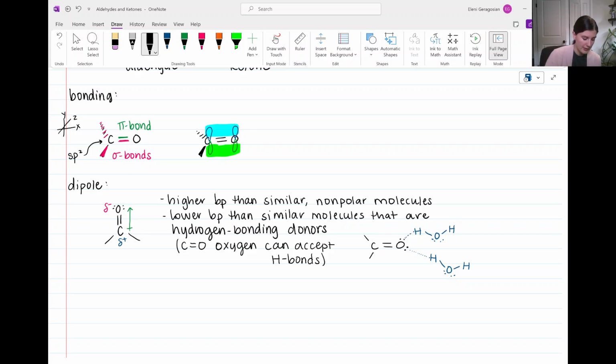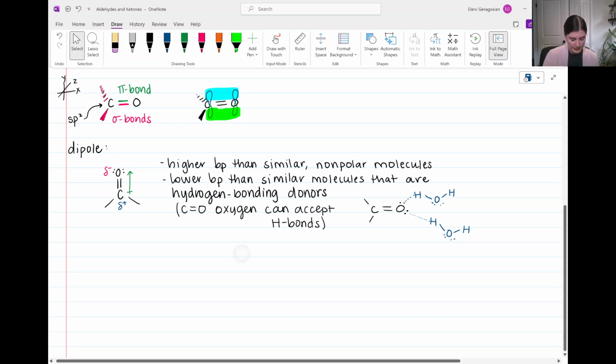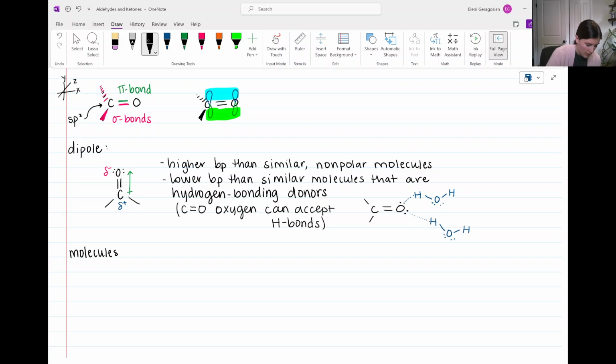Now let's just compare this between some real examples here. So I'll look at 3 molecules and compare the boiling points. So we'll look at similar molecules. Here we have propene. And I'm drawing it in a specific way so we can see the similarities between these molecules.